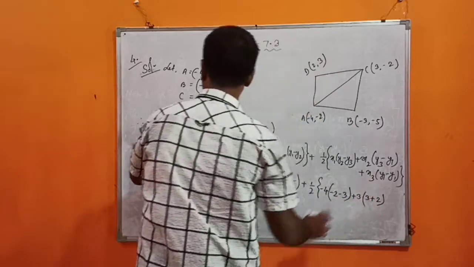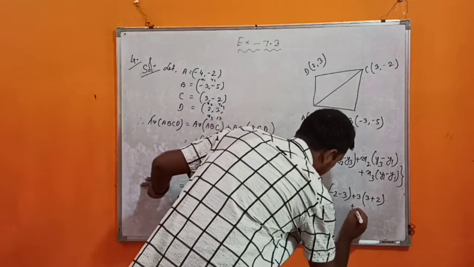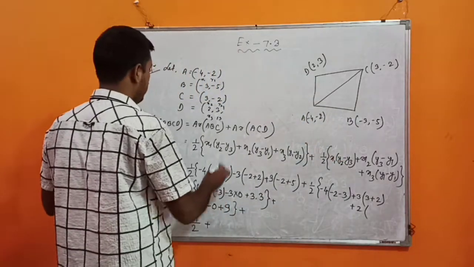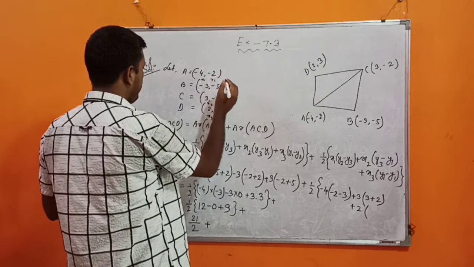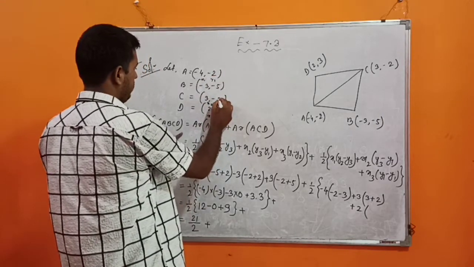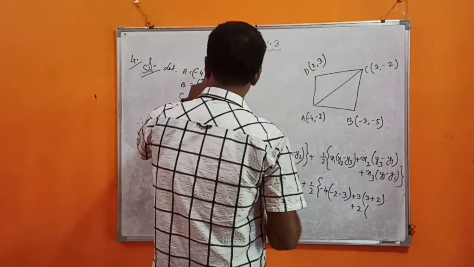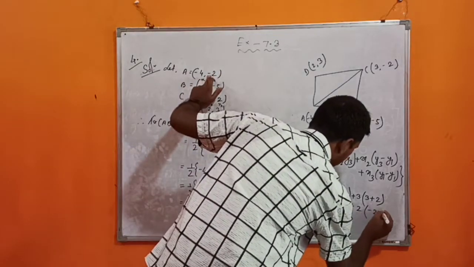Then x3 is 2, so plus 2 into y1 minus y2; y1 here is minus 2 and y2 is also minus 2, so minus 2 minus minus 2 is minus 2 plus 2.